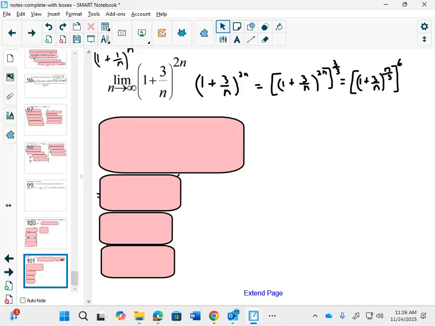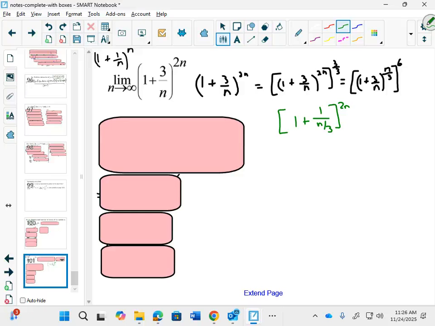But what I want, and maybe you think of it this way, because this is a 1 over n, that 3 on the top, I can move to the bottom of my fraction by making it n over 3. Does that make sense? A couple of ways you can think of it.